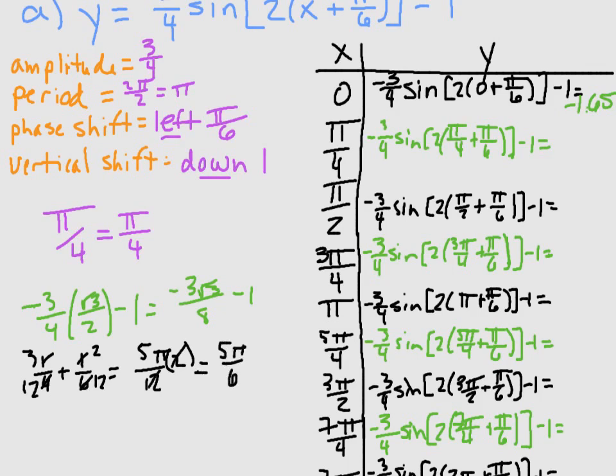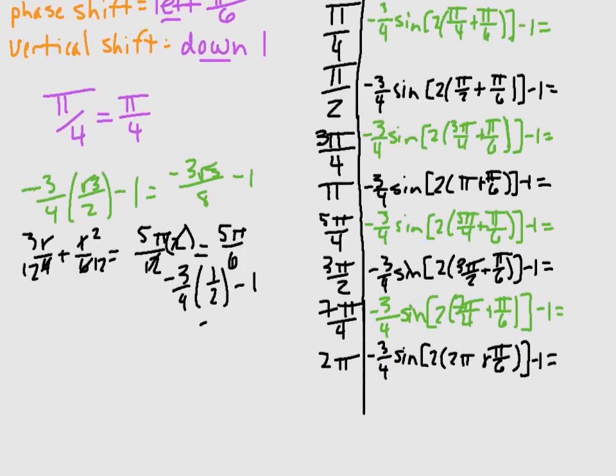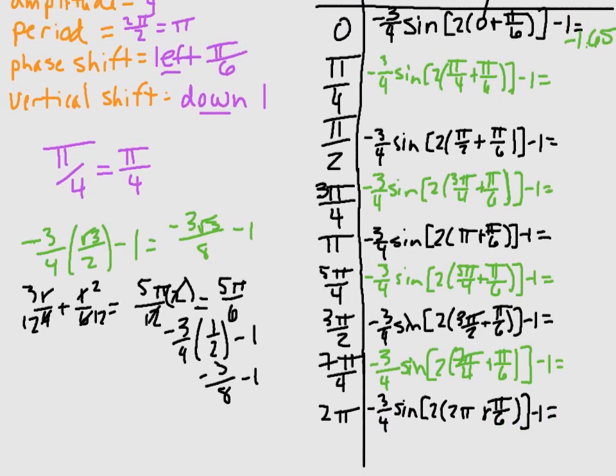Okay, so then sine of 5 pi over 6 gives me 1/2, then 1/2 times negative 3/4 gives me negative 3/8, and then subtracting those two gives me negative 1 and 3/8, which is the same thing as negative 1.38. Okay, and so on and so forth when I plug these in.